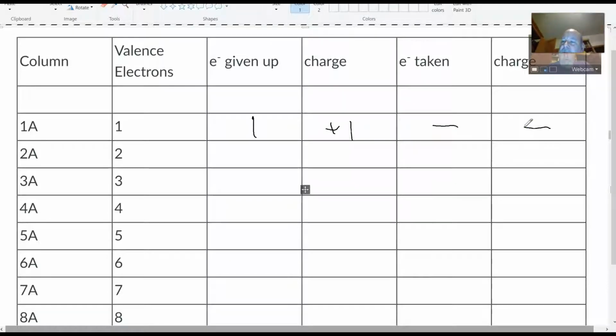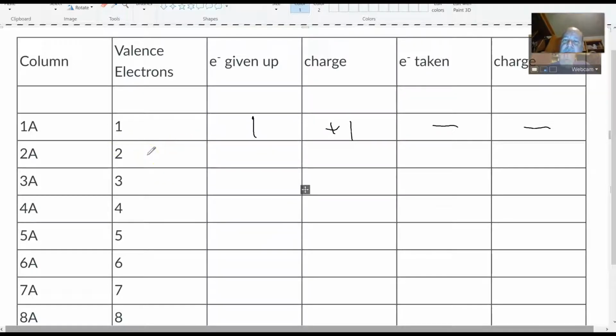If I go to column 2A, okay, I start with beryllium, and then I have magnesium, and then I have calcium, and strontium, and then radium, or strontium and barium and then radium. And I know all of those because they're in column 2A have 2 valence electrons, right? We have 2 valence electrons.